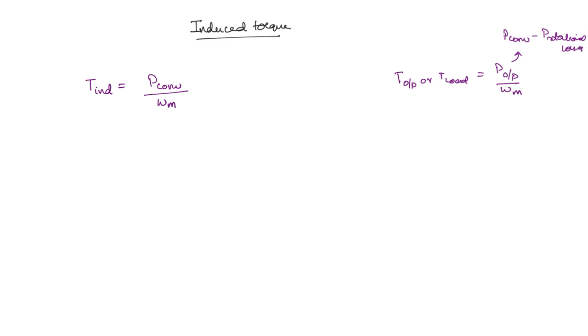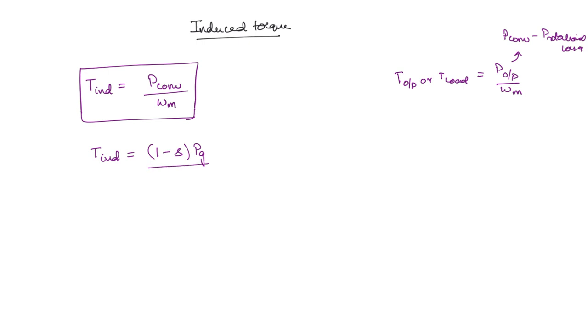Okay. So we are discussing the induced torque here. Now you can express T induced as the converted power, which is (1 minus S) times the air gap power, divided by omega m.